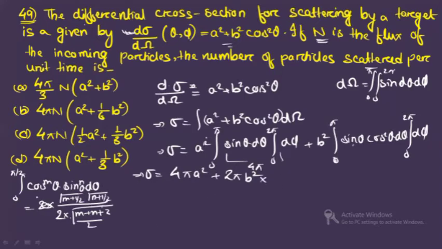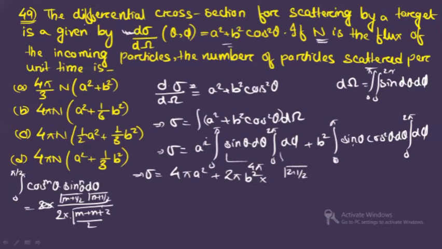So if you do the same integration here, m is here 2. So you will have gamma 2 plus 1 by 2.